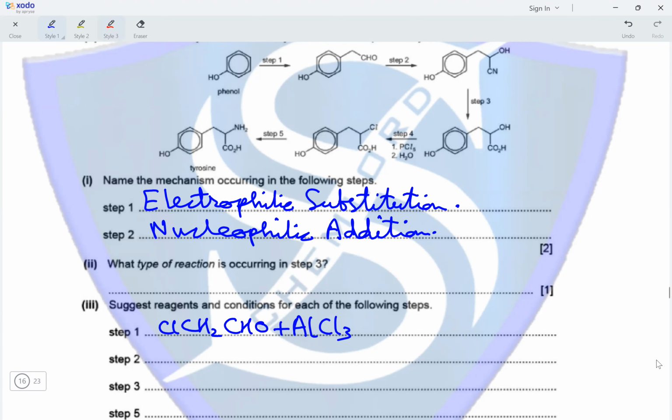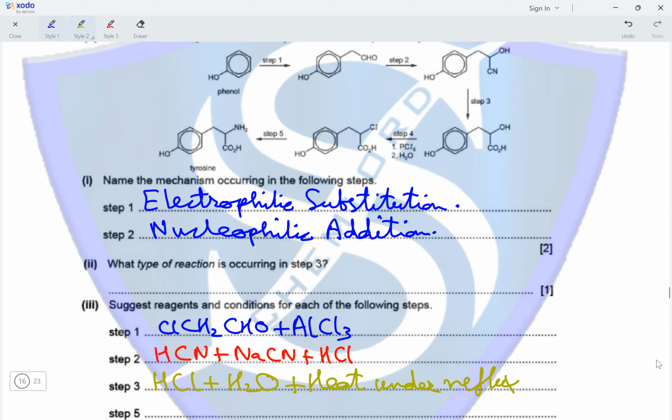In step 2, we have nucleophilic addition taking place, so the reaction is with HCN, NaCN, and HCl acting as a catalyst here. Step 3 would be the cyanohydrin undergoing acid hydrolysis. So we would have HCl plus H2O plus heat under reflux.